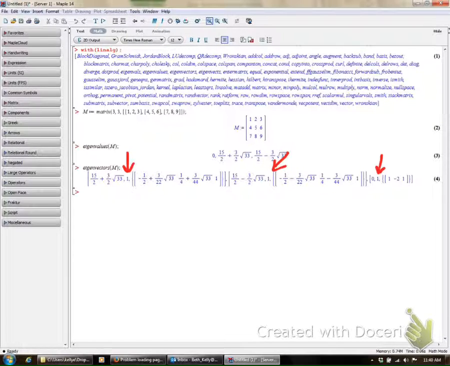It's the number of times that eigenvalue is a root, or in other words, it's the degree of lambda minus that eigenvalue. Okay, it's not anything you need to worry about right now.